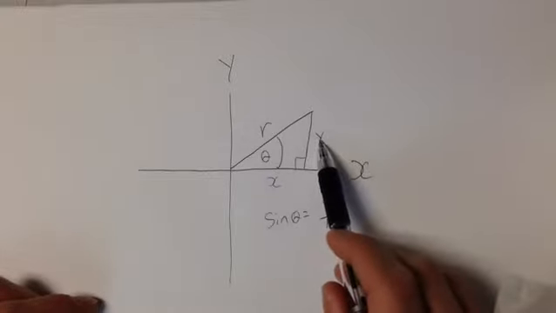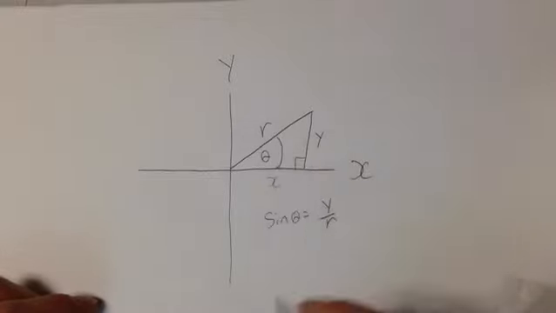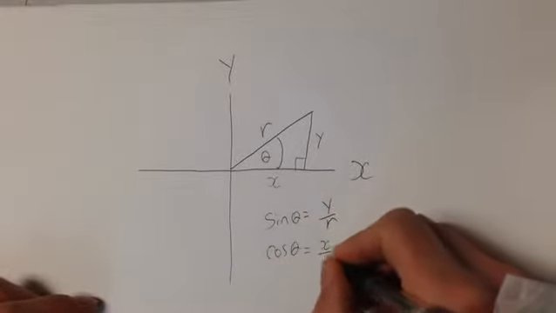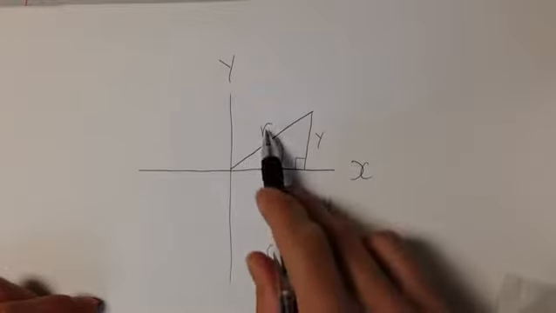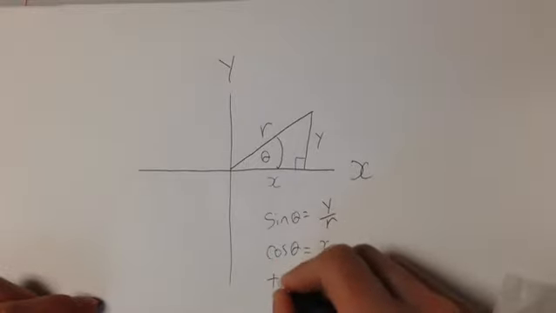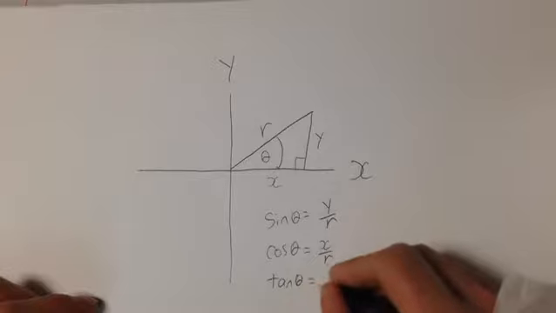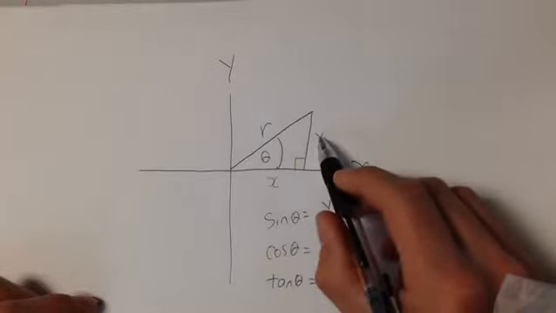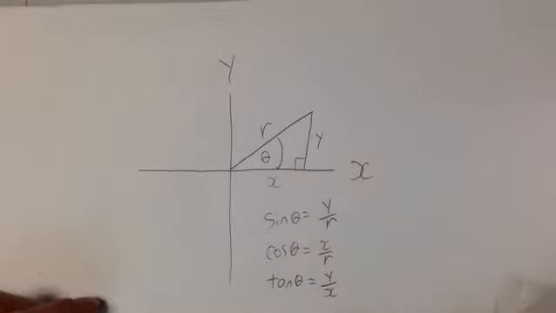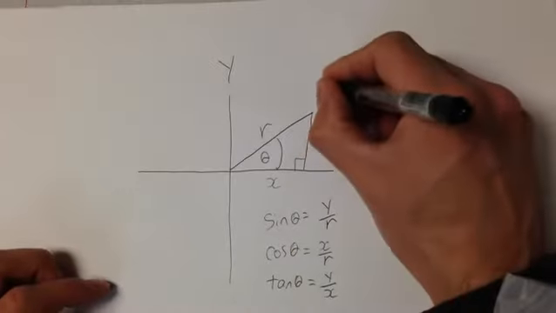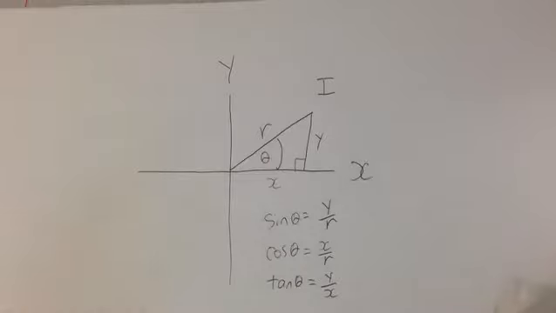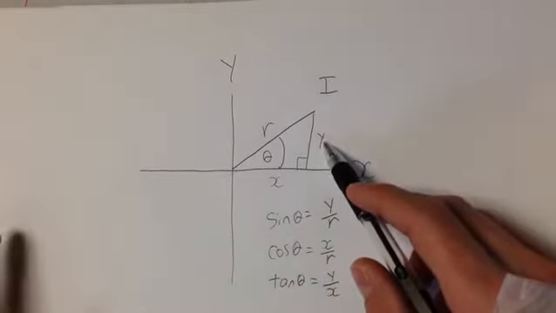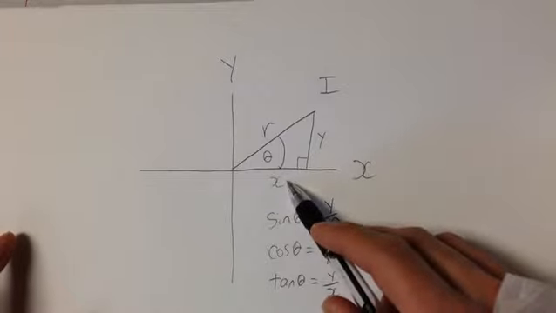Y is the opposite side, and r is the hypotenuse. The cosine of theta is x over r, adjacent over hypotenuse, and the tan of theta is y over x. That's our opposite and adjacent. So in this quadrant, and we call that quadrant 1, there's really no change. Y is just another name for the opposite side, and x is just another name for the adjacent side.